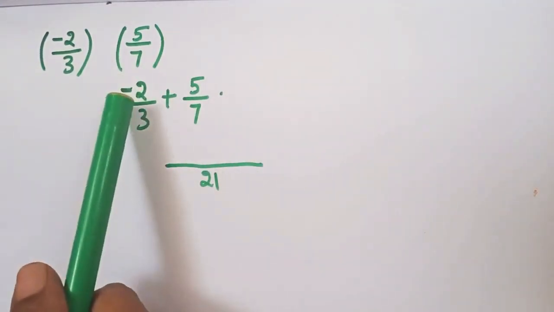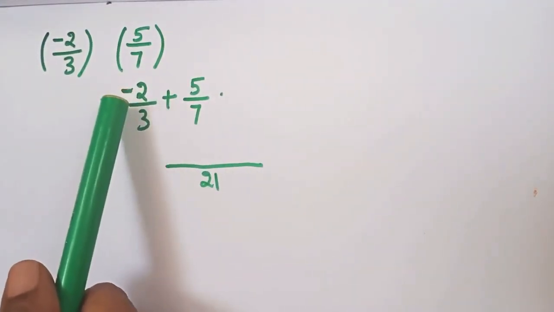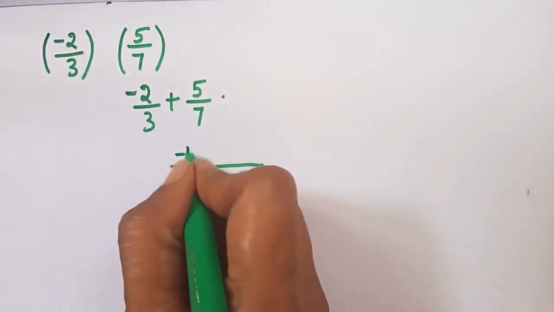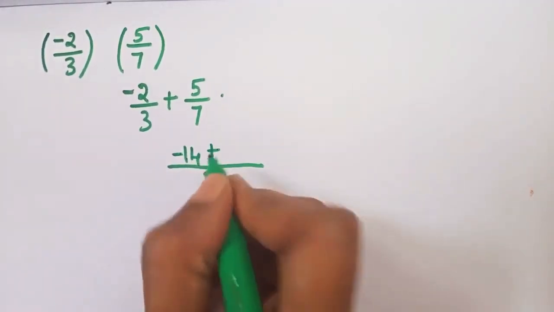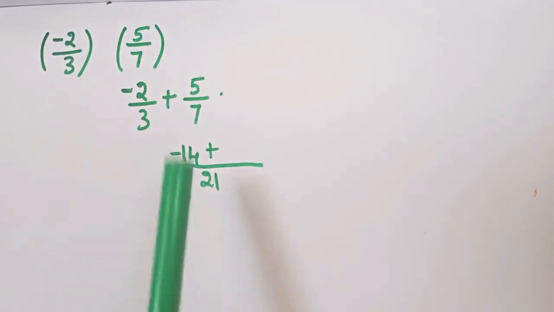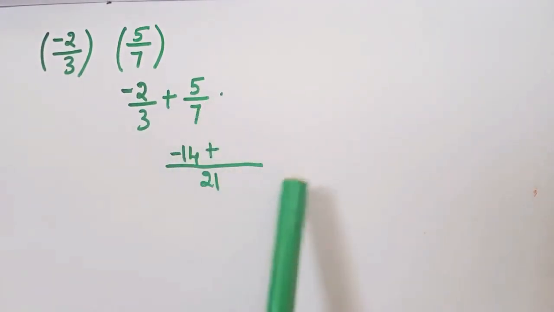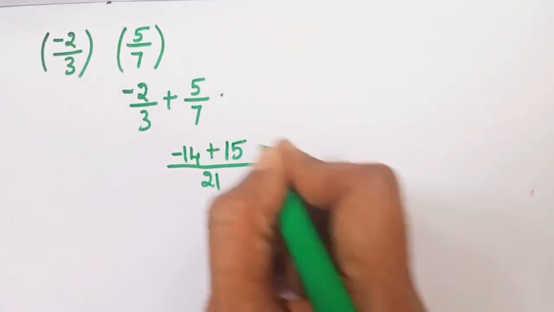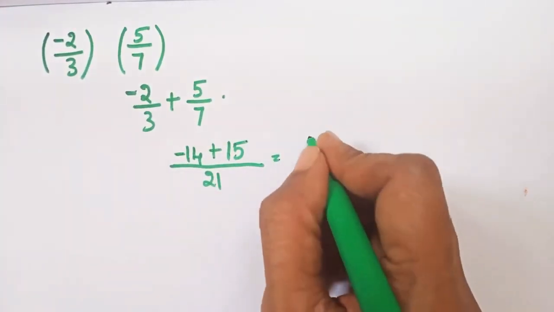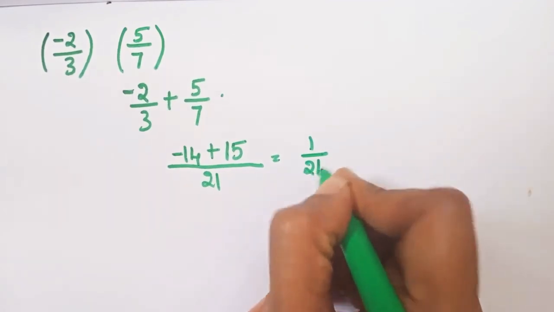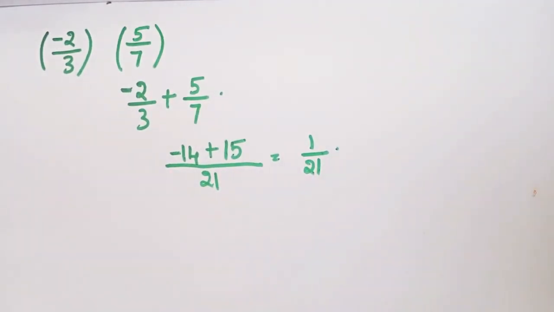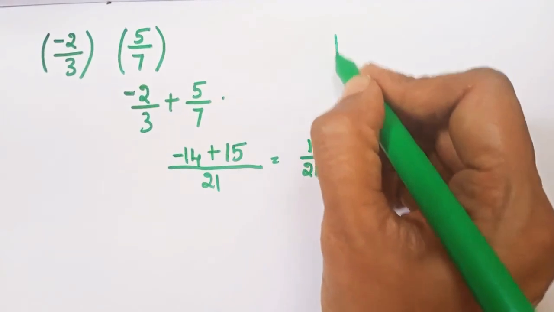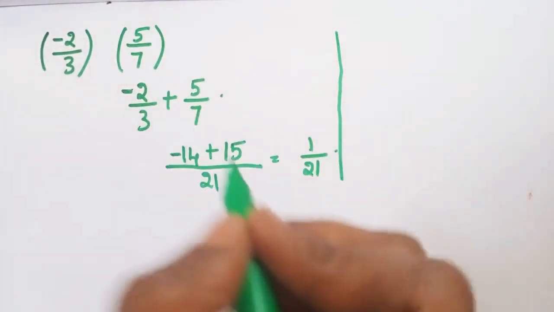That 7 should be multiplied with this numerator. 7 into -2 gives me -14 plus, when I divide 21 by 7, my quotient will be 3. 3 into 5 gives me plus 15. So my answer will be 1 by 21. Good? Okay. This is the first case.